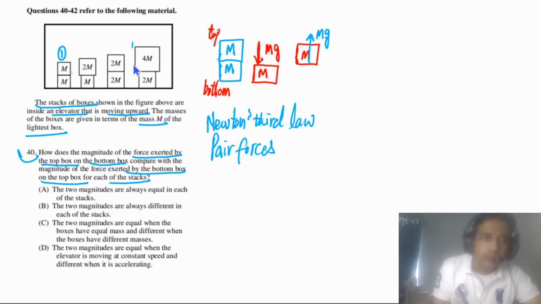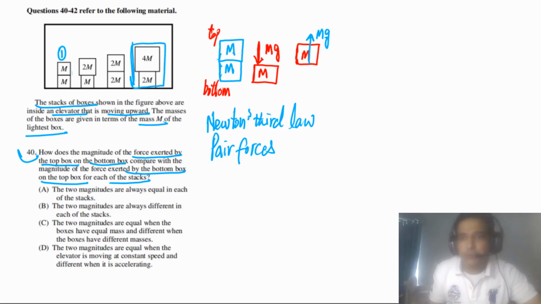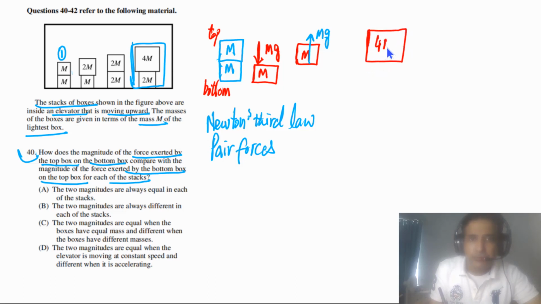Now if you look at this block, maybe this one is a little bit more complicated. For this block we have this arrangement. We have 4m mass, so this is 4m, and we have here 2m, so 2m is placed at the bottom. In this case, the bottom box is pushed by the top box by force 4mg.